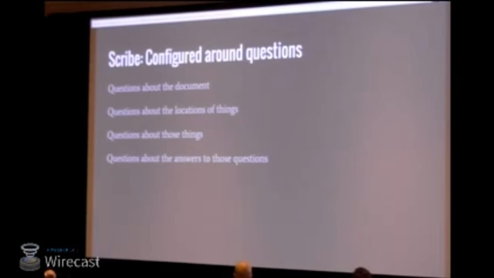Questions about those things previously identified, so transcribe the title shown, or is this an adult or juvenile penguin, for example. And then questions about the answers to those questions, which amplify or reduce the validity of those previously supplied answers.